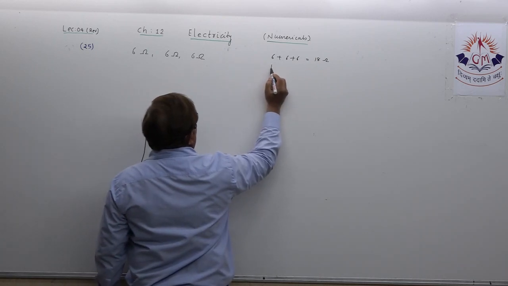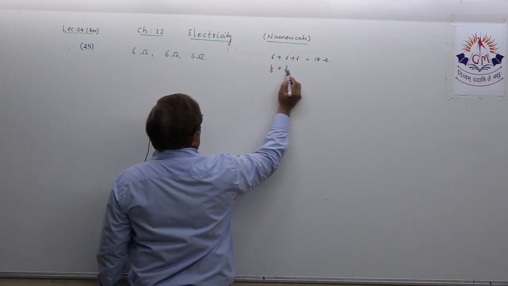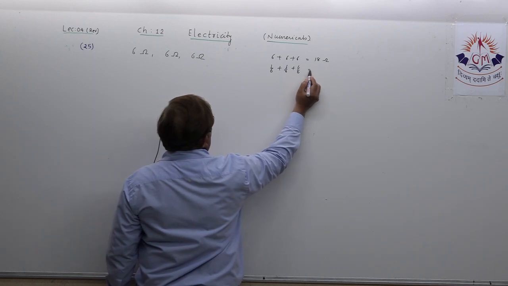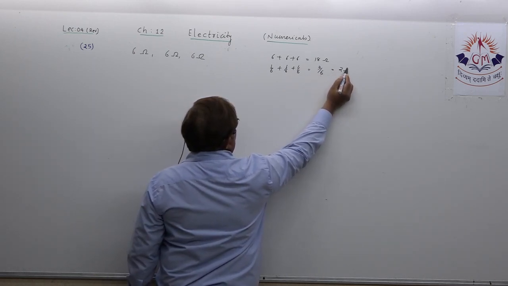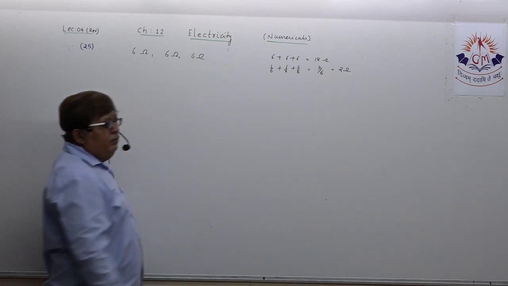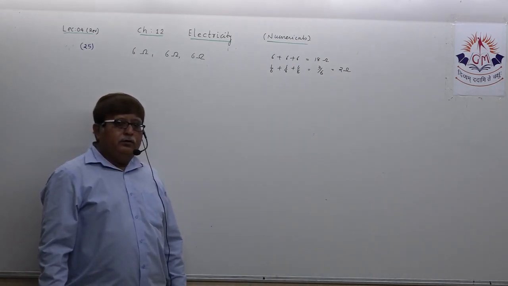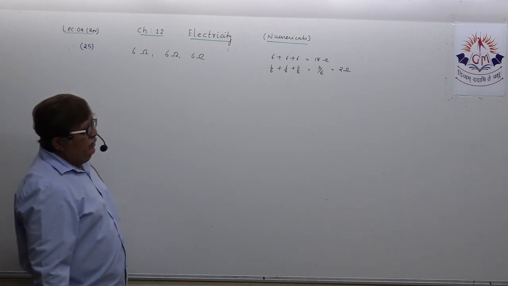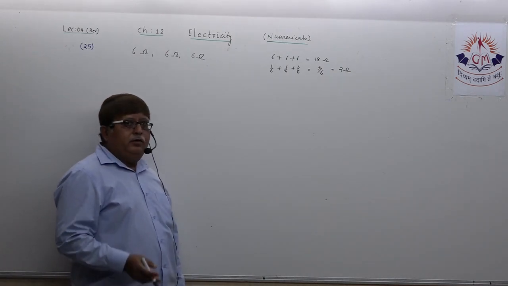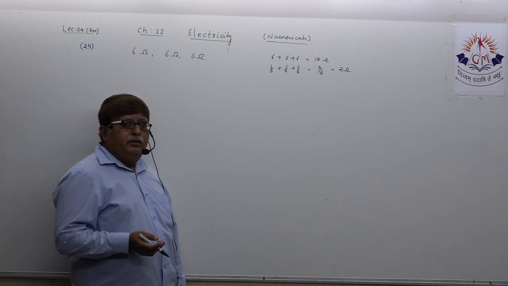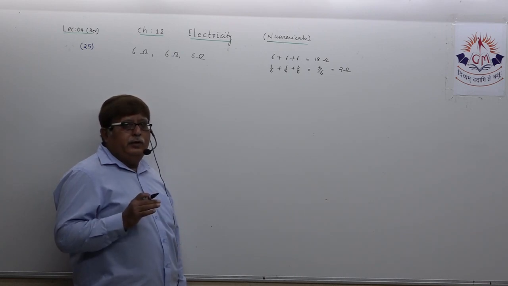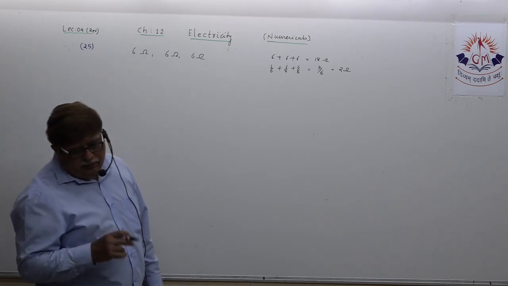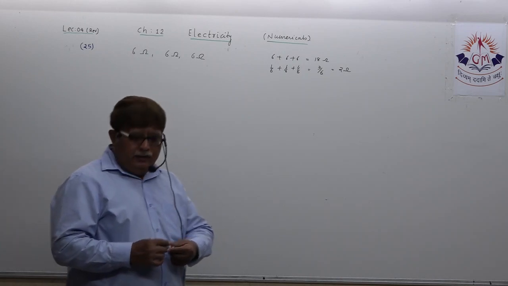If you join them in parallel, 1 upon 6 plus 1 upon 6 plus 1 upon 6, 3 upon 6, understand, 2 ohm, which is also not our demand. We want neither 18 ohm nor 2 ohm. You specifically require an equivalent resistance of 9 ohm.